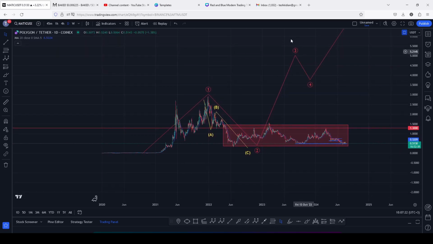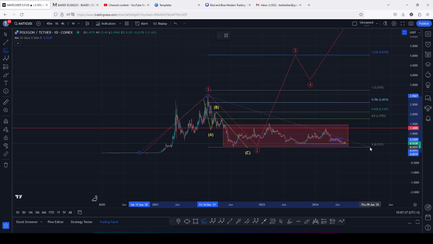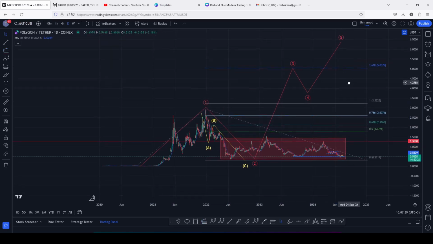an ED12 count 3. And the minimum target areas for the third wave can be given by connecting the trend-based Fibonacci from the low of the first wave to the high of that ED12 count 1, then dragging the fibs to the low of the second wave, giving me a minimum target area for the third wave at the fib level 1.618, which perfectly lies above the 5.037, and that will be my minimum target area once the bull market is here in that ED12 count 3.